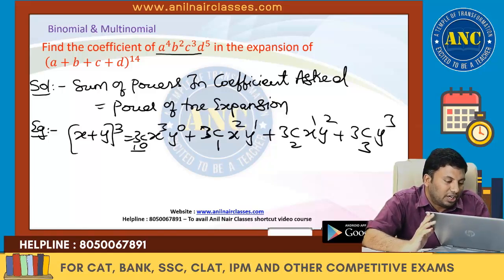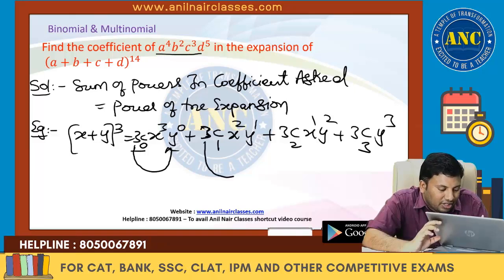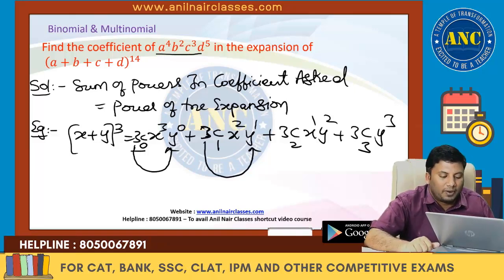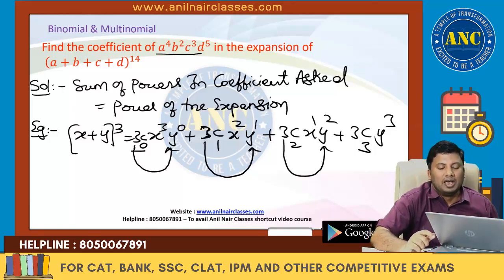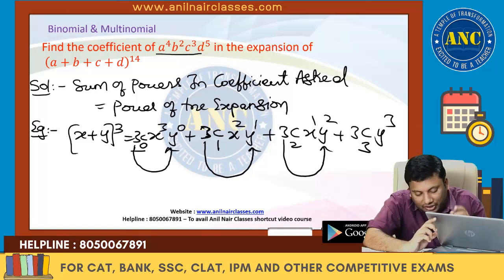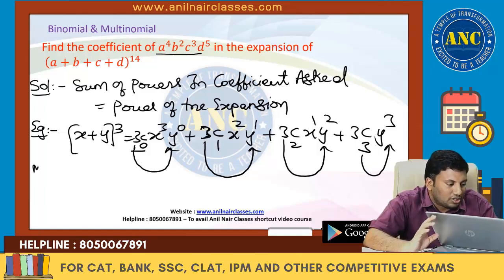Out of 3, I am selecting no power of y, so it is y power 0. Out of 3 powers I am selecting 1 power of y, so it is y power 1. Out of 3 I am selecting 2 powers of y, so it is y square. Obviously the sum of the powers should be equivalent to 3. Out of 3 I am selecting 3 powers of y. Am I right? So you go step by step.